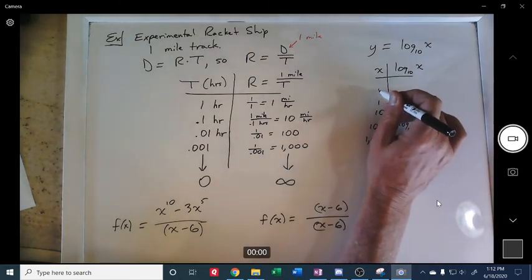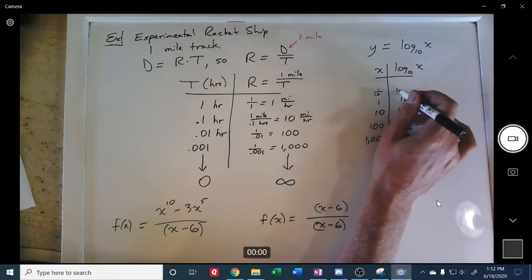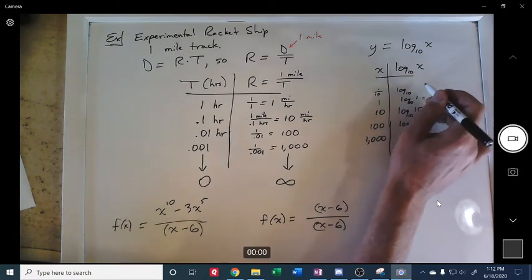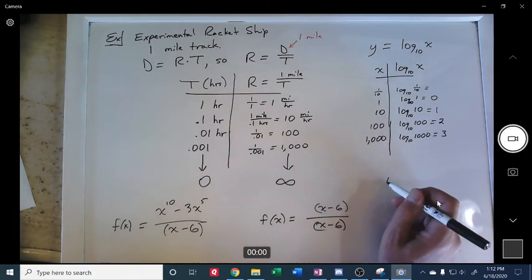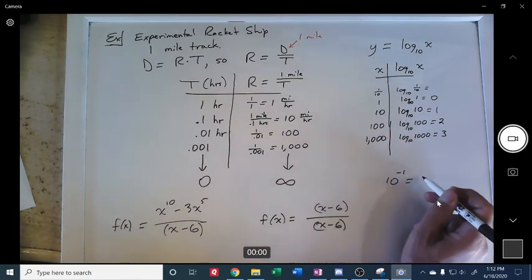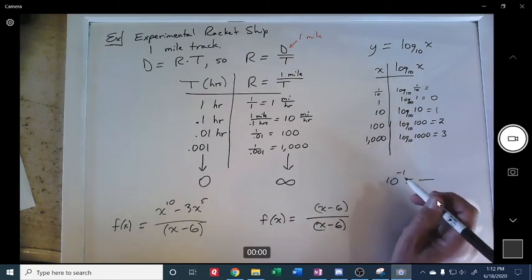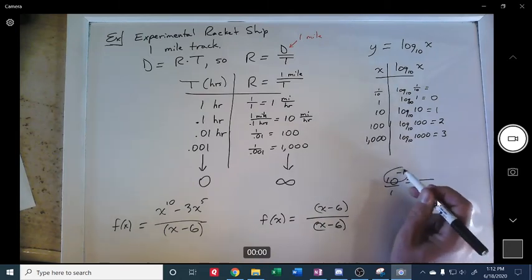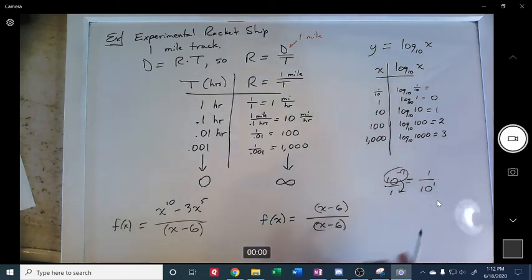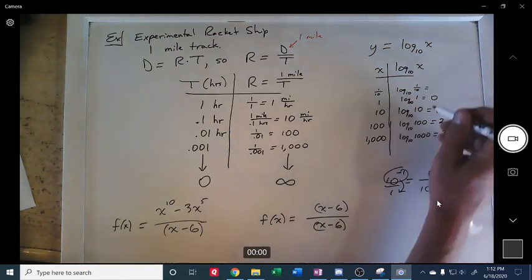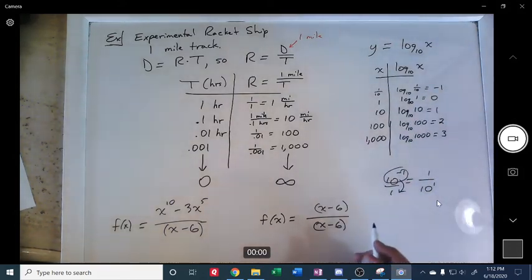If x is 1/10, 10 to what power is 1/10? Turns out 10 to the negative 1. You bring this down to the bottom, change the exponent to positive to handle a negative exponent. So it's negative 1.